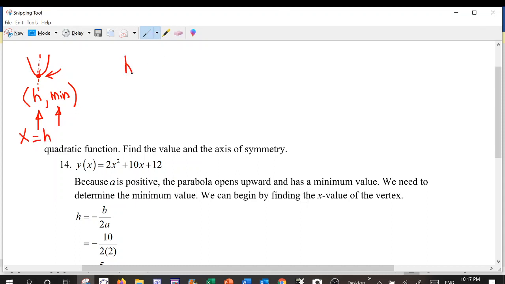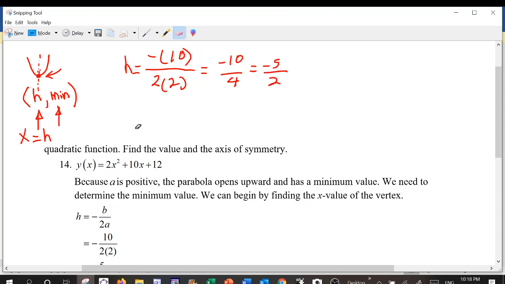So we know h is, again, negative b over 2a. Let's put it right there. What is b? b is 10. Now what is a? 2. So that's negative 10 over 4, which is negative 5 over 2.